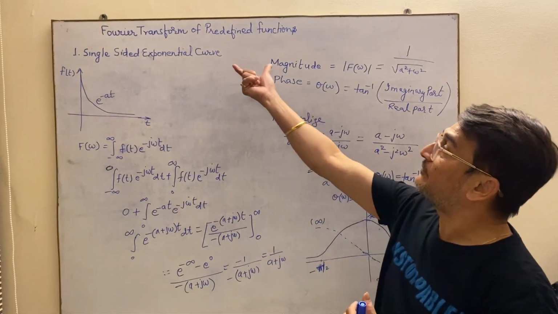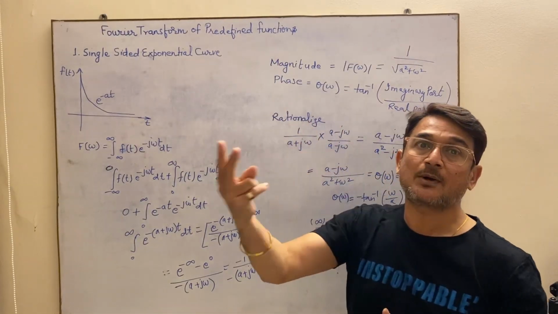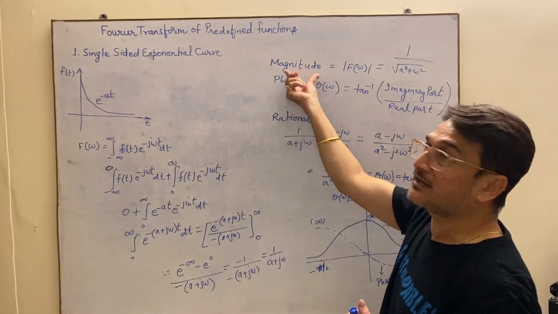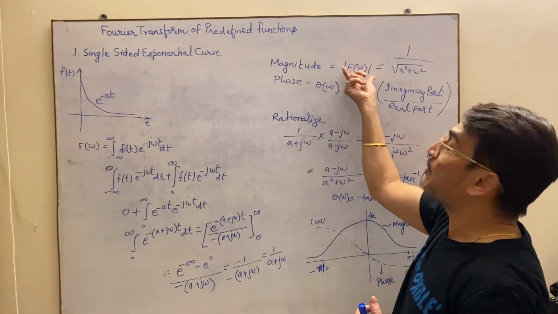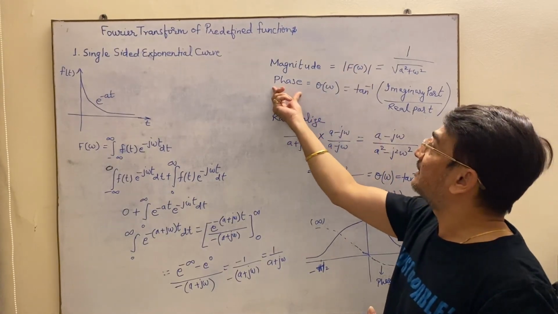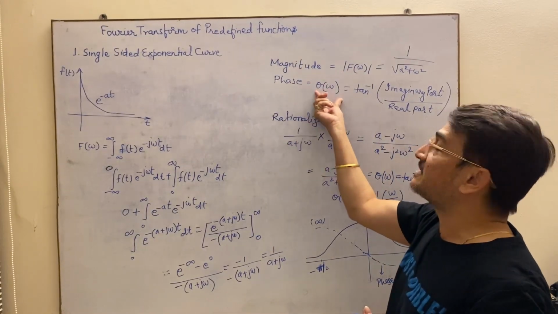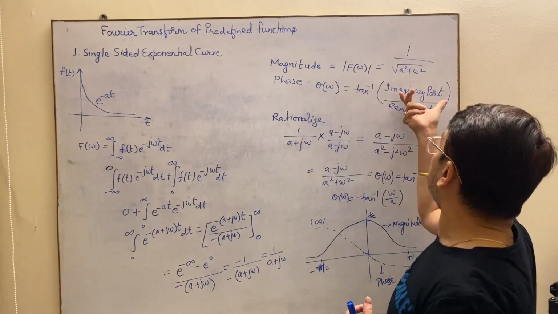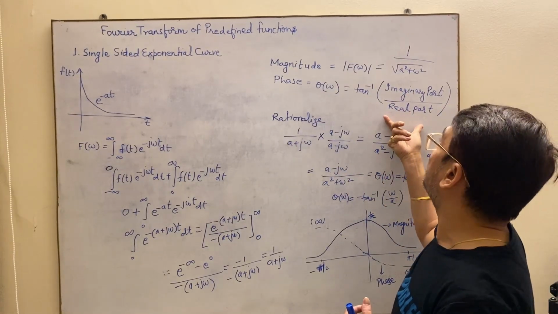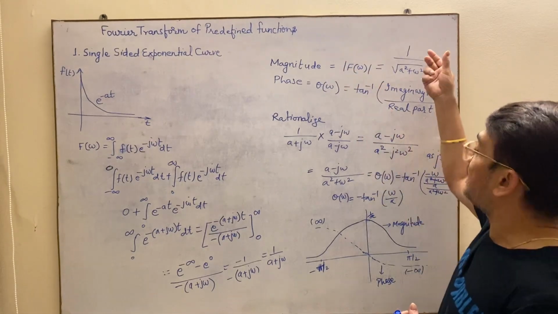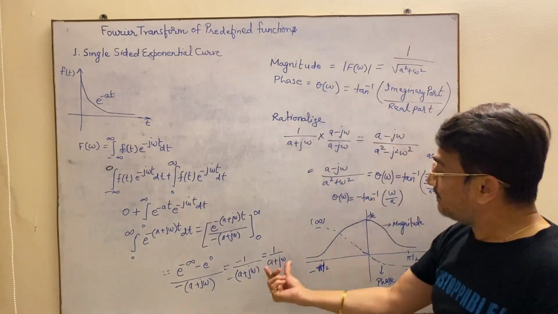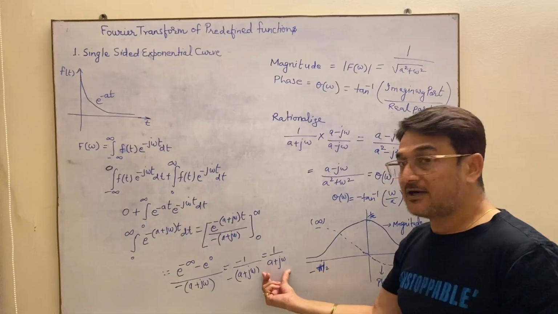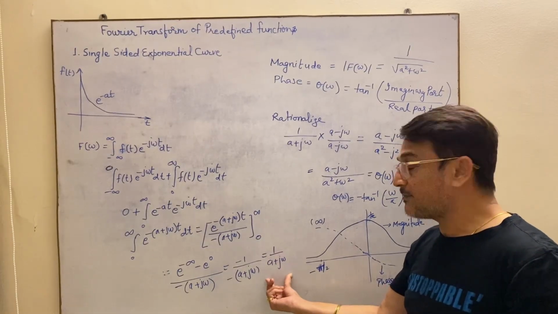Now every Fourier transform has two components. One is known as its magnitude, which is defined by mod of F of omega, and the other is the phase, which is defined by theta of omega. This theta of omega is nothing but tan inverse of imaginary part upon real part. So this mod of F of omega is basically calculated from this 1 upon a plus j omega.